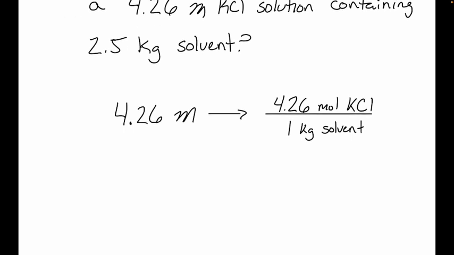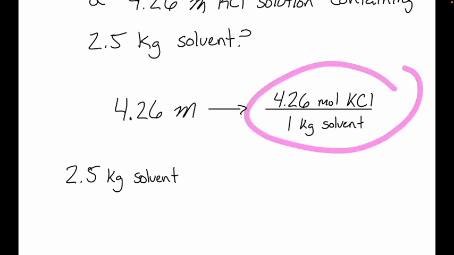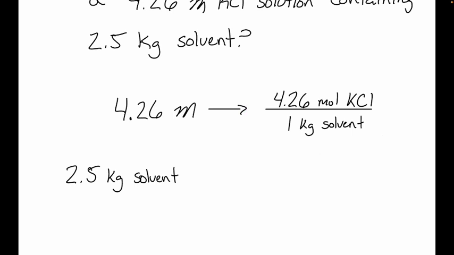All right, so now I'm going to start. I start with 2.5 kilograms of solvent. Am I cool with this term as is, or am I going to have to flip it? It's good, right? I have kilograms on the bottom, so everything will cancel out. So now I'm going to multiply that 2.5 by that 4.26.